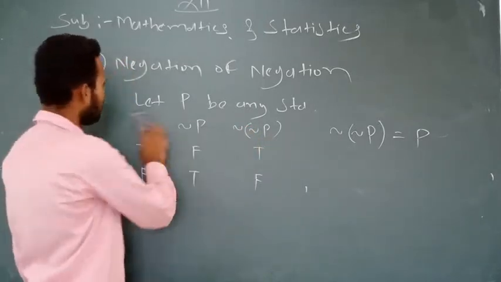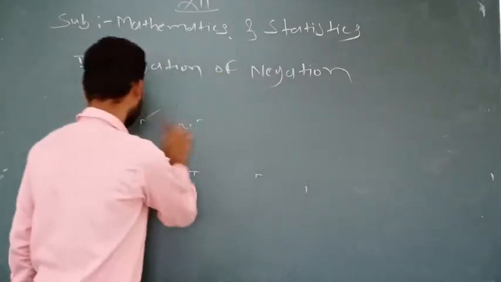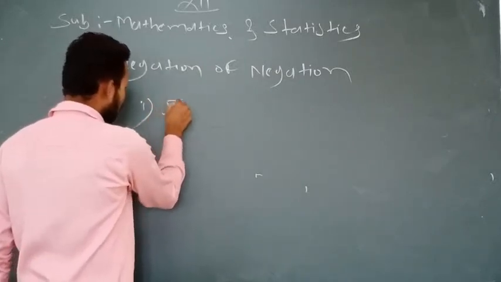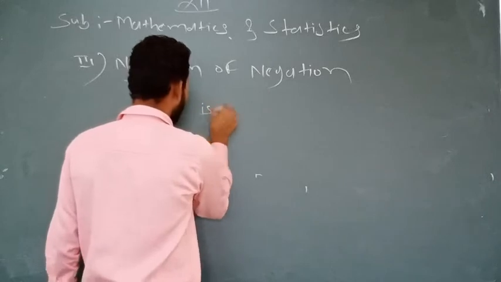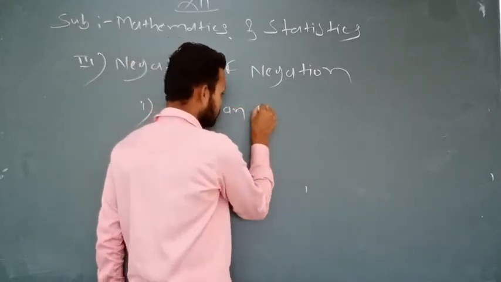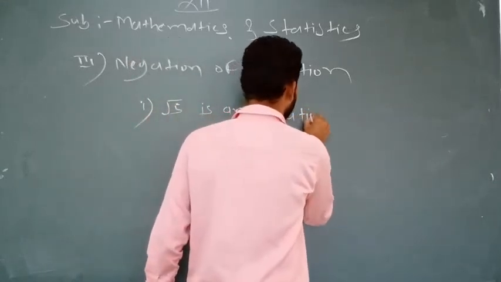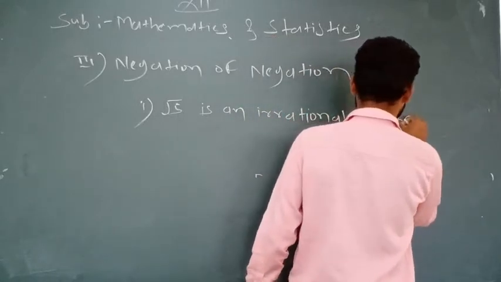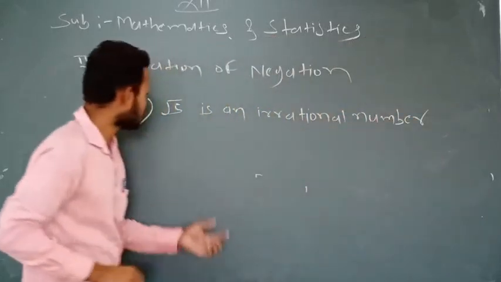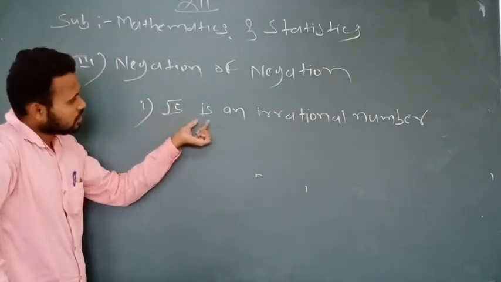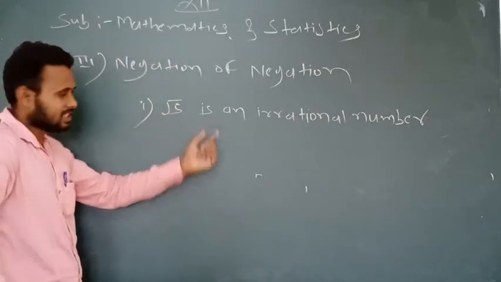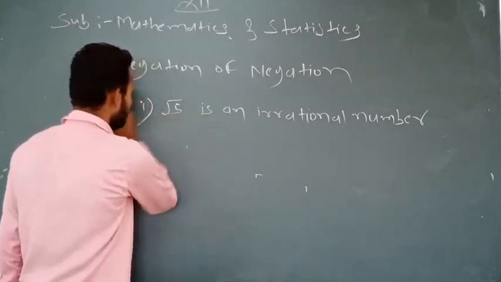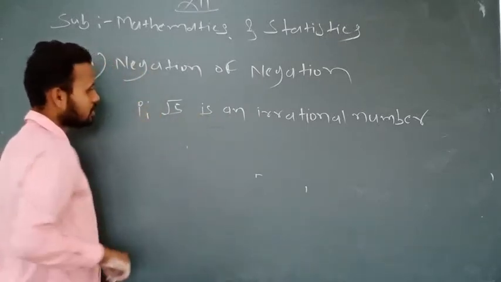For example, the square root of 5 is an irrational number. Suppose I let P equal this given statement.